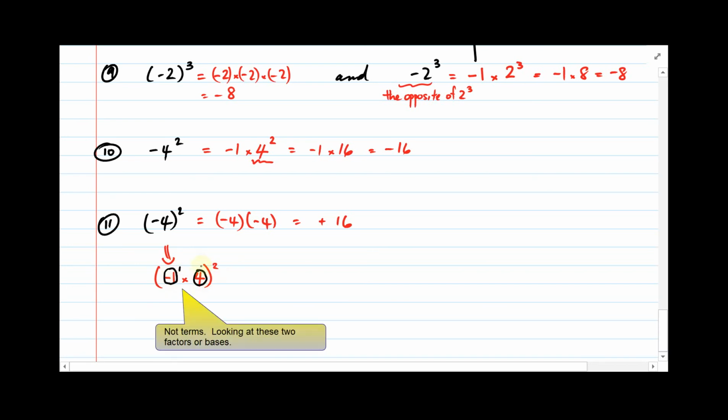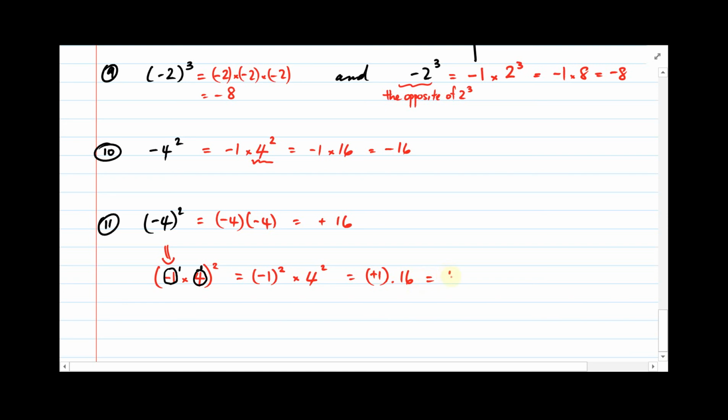Looking at these two terms, we have negative 1 to the first power, 4 to the first. I could apply my power of power rules. So this is negative 1 squared times 4, 1 times 2 is squared. Negative 1 squared is positive 1. Positive 1 times 16 is 16.